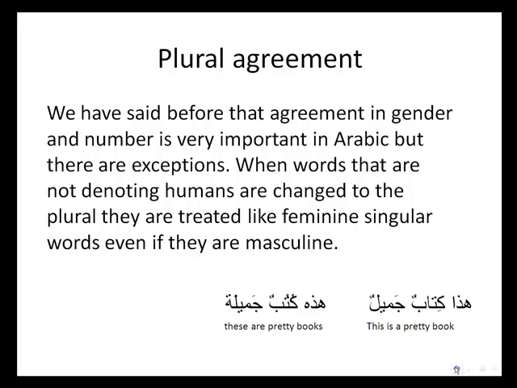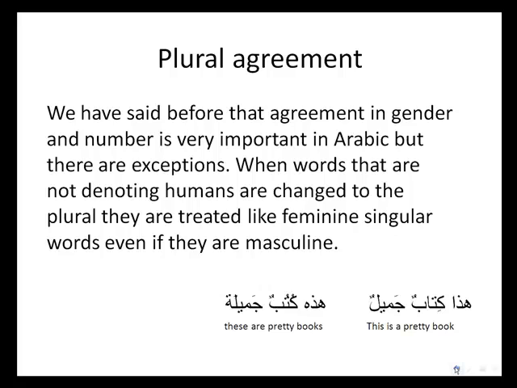تمام. Now let's look at the next sentence. هذه كتب جميلة. Now wait a second. هذه is feminine, right? كتب, kitab is still masculine. جميلة, feminine as well. This is because kitab, one book, has become kutub, many books.